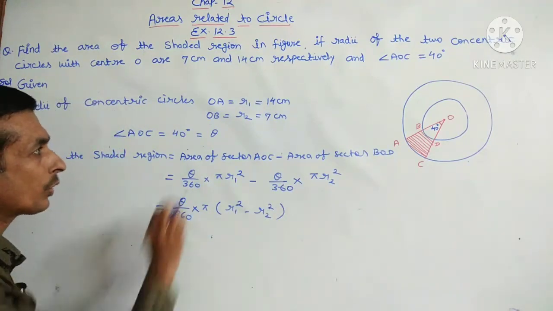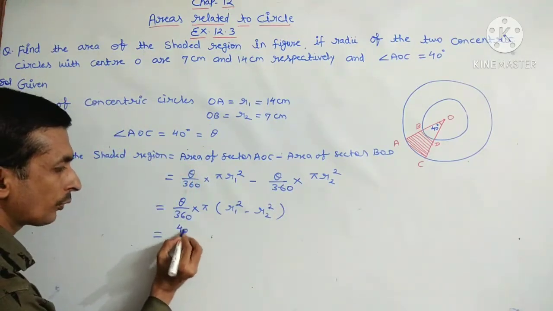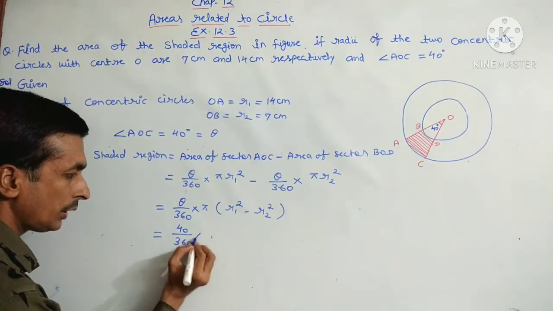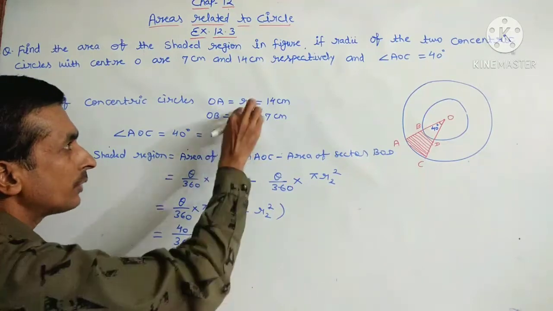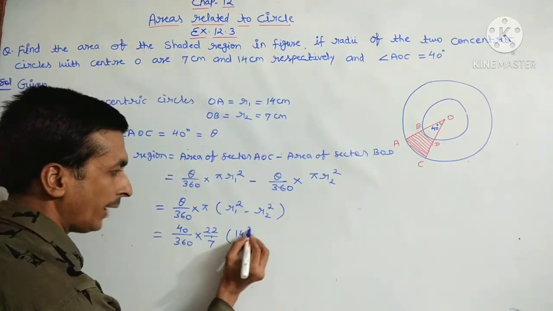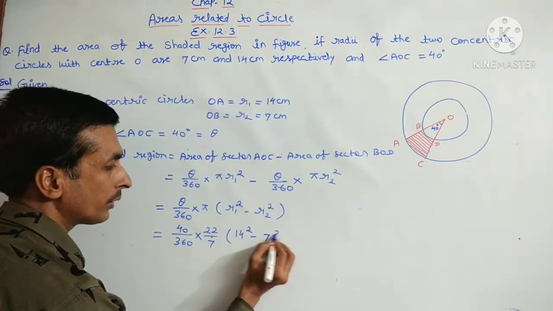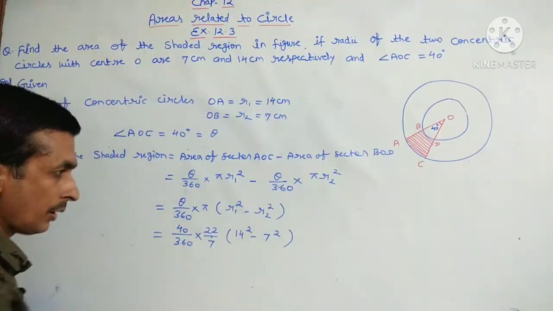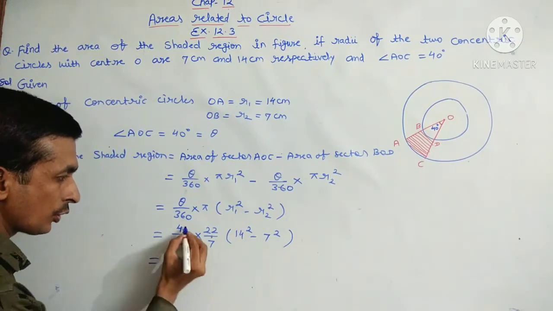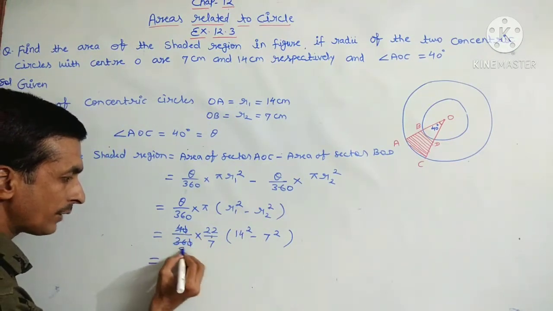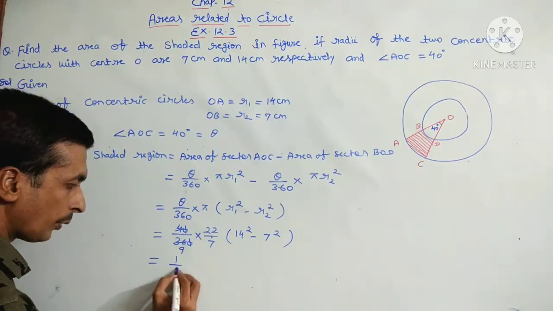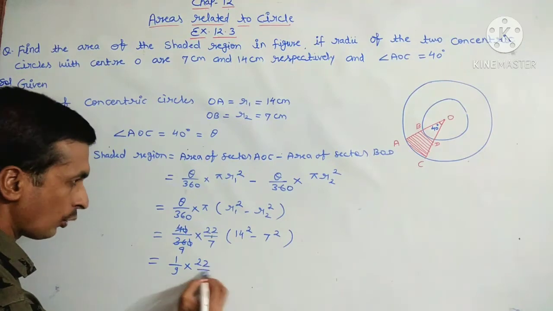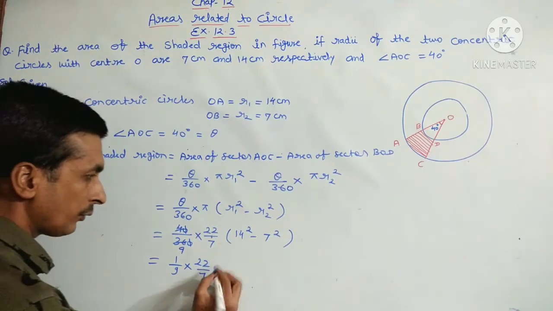What is the value of theta? 40. So 40 upon 360 times 22 upon 7, times R1 square, that means 14 square, minus 7 square. Zero cancels by zero, 4 nines are 36, and here it is 22. So 1 upon 9 times 22 upon 7, and 14 square.